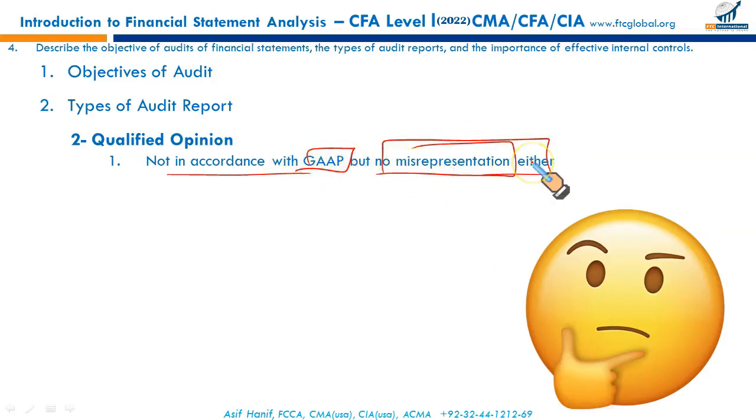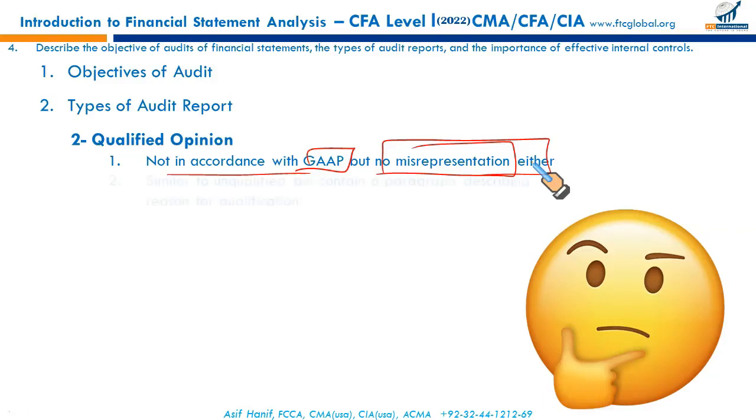Maybe they might have played with depreciation numbers, or with the inventory valuation, or with the employees' obligations. So they may have engineered some numbers with which the auditor is not comfortable.